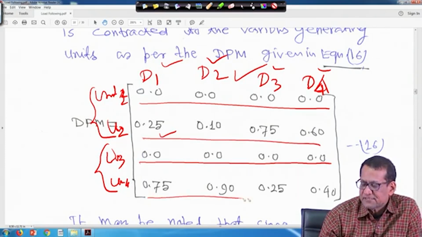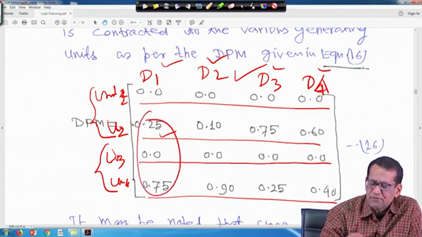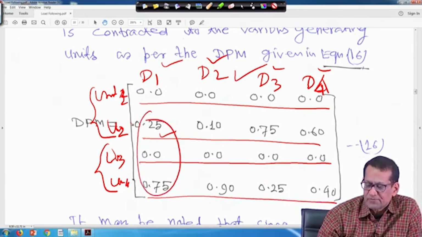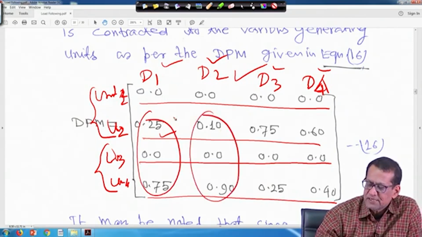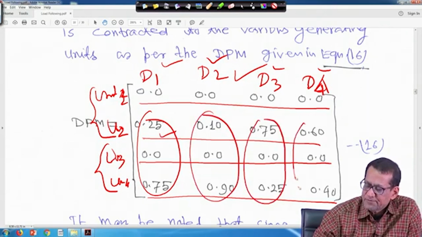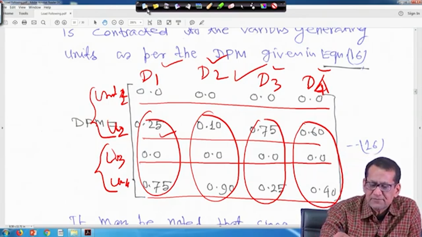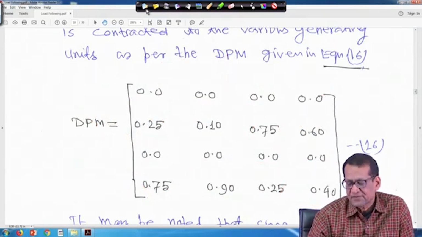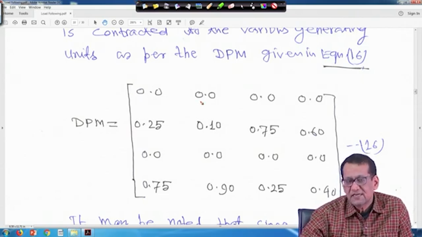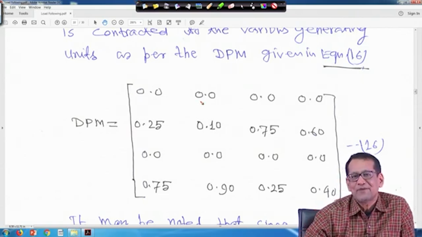If you add this it will be 1, 0.75, 0.25, if you add this it will be 1, and if you add this column wise it will be 1, right. So, this disco participation matrix is taken, right. So, with this, thank you very much, we will be back again in the next.